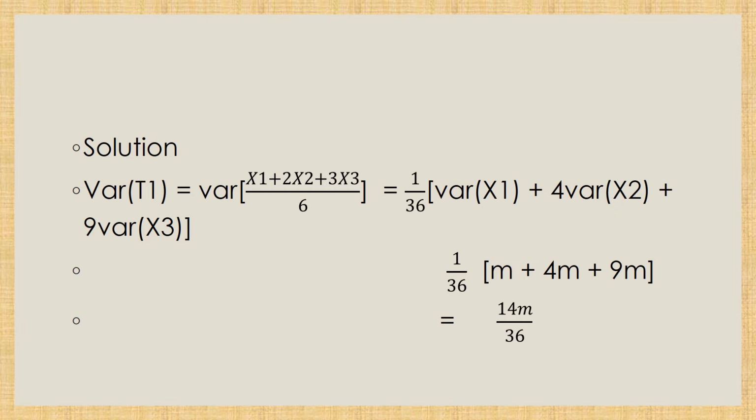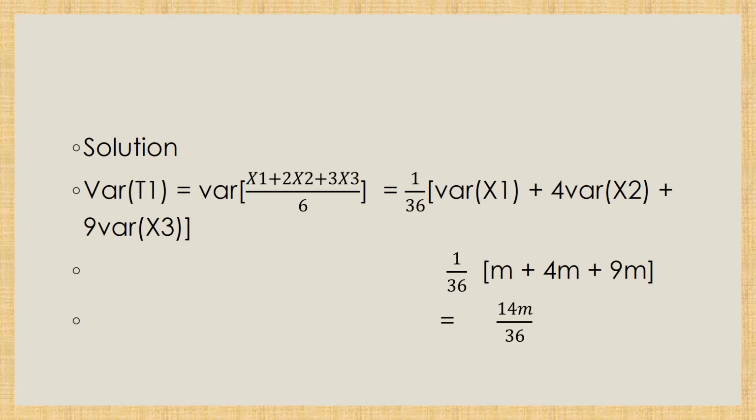This is 1 over 6 inside the bracket there. When we take the variance inside the bracket, the 6 comes out as a squared value. So it becomes 1 over 36 times the variance of x1 plus, since 2x2 becomes 4, 4 times the variance of x2 plus 9 times the variance of x3. The 2 is squared, and the 3 is also squared.